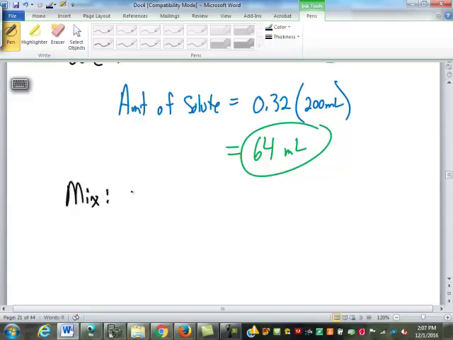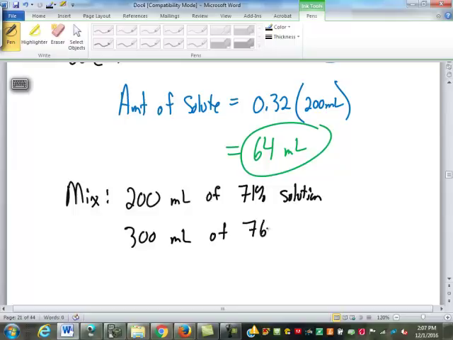So let's say we mix 200 milliliters of 71% solution with 300 milliliters of 76% solution. What's the concentration of that mixture when we're done?